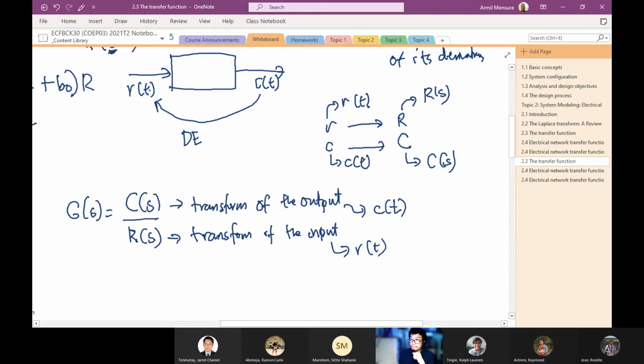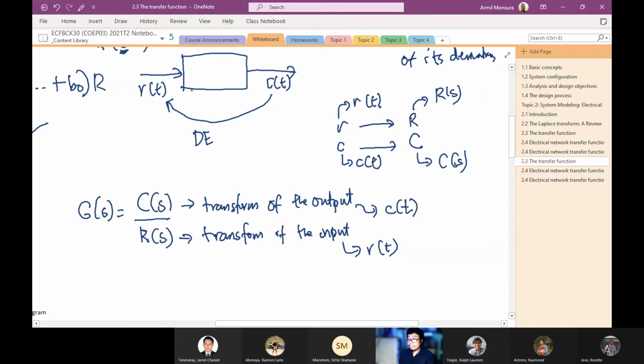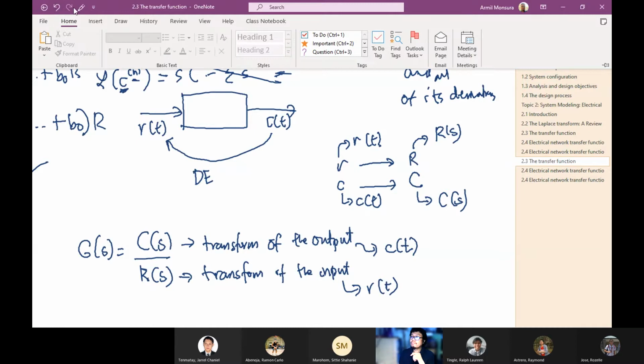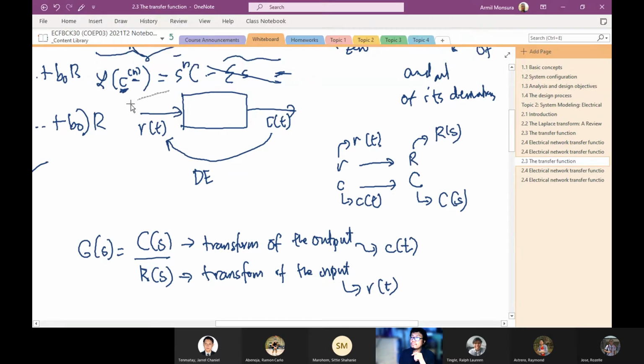Okay? Yun. So, kung titingnan nyo itong block diagram na dinrawing ko kanina, ilipat nga natin yan. Yan. Lipat natin siya dito.